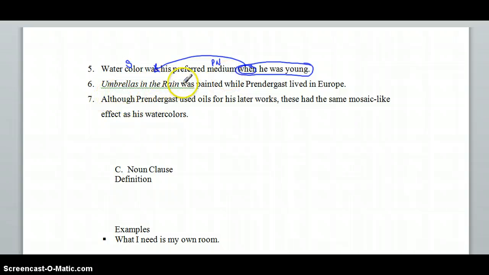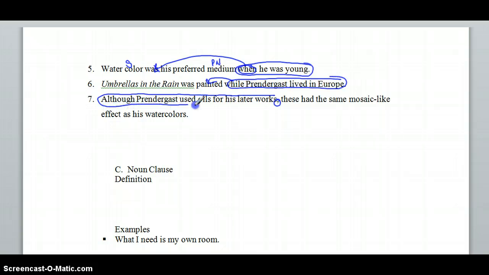Umbrellas in the Rain was painted while Prendergast lived in Europe, tells me when it was painted. And although Prendergast used oils for his later work, these had the same mosaic-like effect as his watercolors. Even though it's getting long, there's my comma. Something that starts with although can't stand on its own.